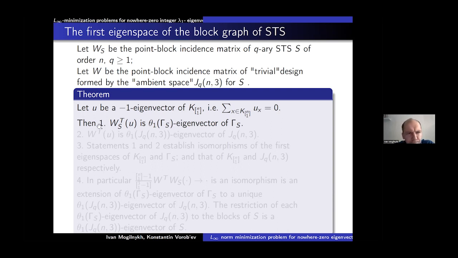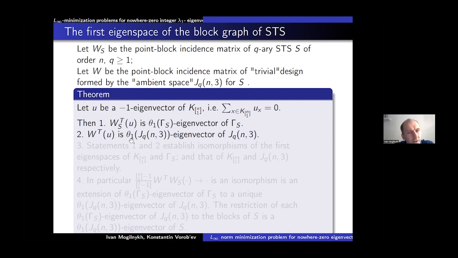And if we multiply this vector by the transpose incidence matrix on the left, we obtain the first eigenvector of the block graph of Steiner triple system S. And we can do this also if we replace the incidence matrix of S with the incidence matrix for the Grassmann graph.